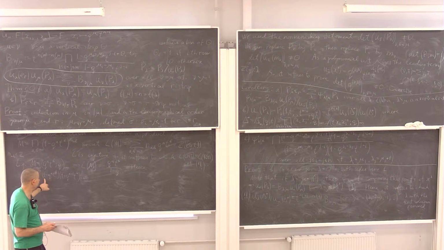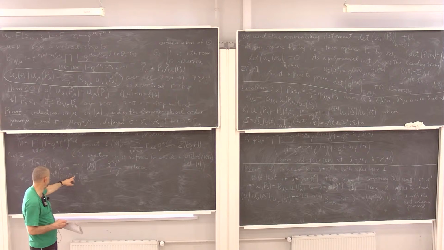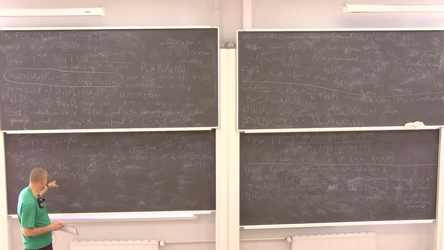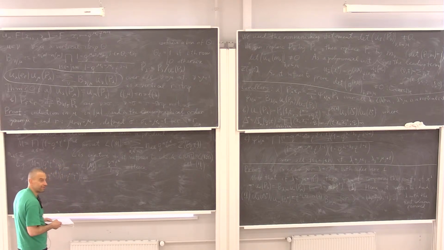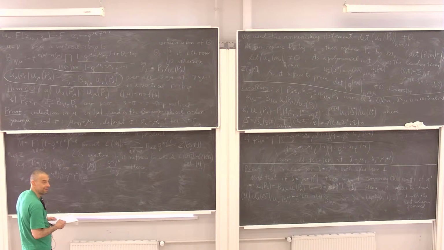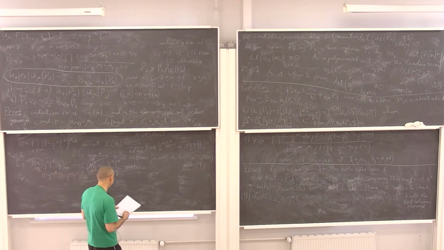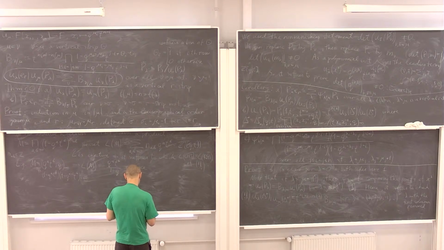So we have q^a t^b plus q^(a+1) t^b plus q^(a+2) t^b. So it's q^a times t^b times 1 plus q plus q squared plus q cubed and so on, which is 1 over 1 minus q, right? This is definitely true.